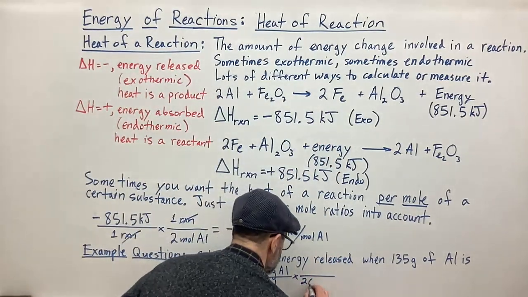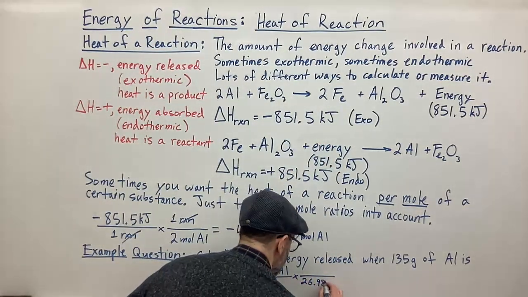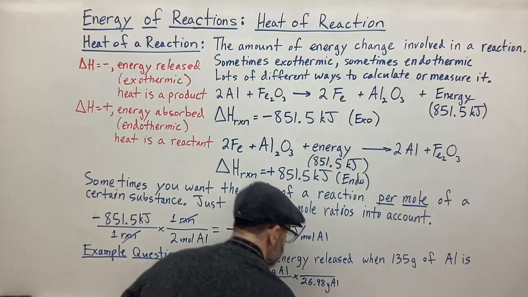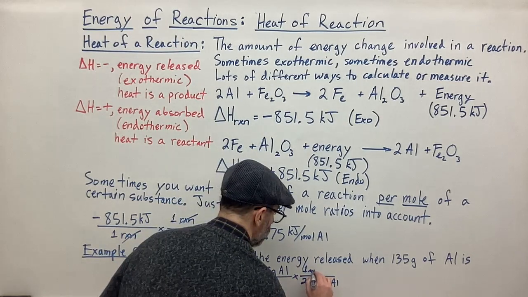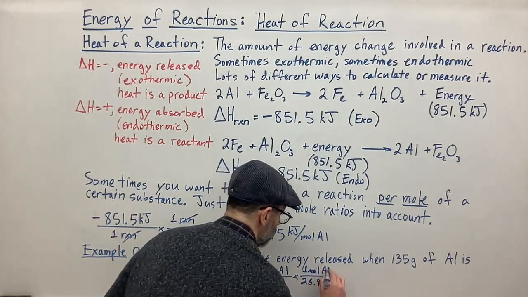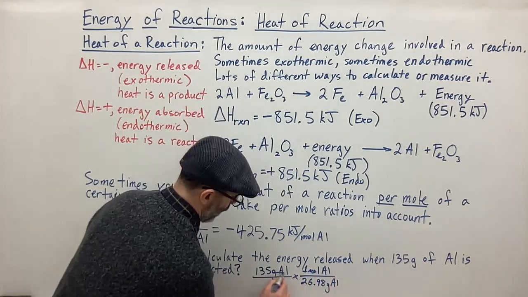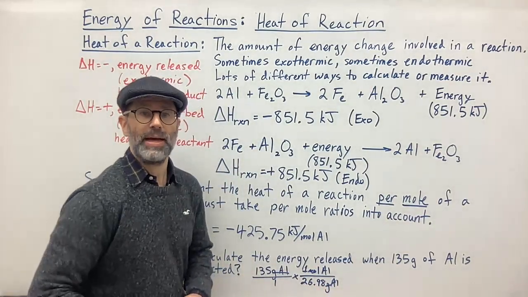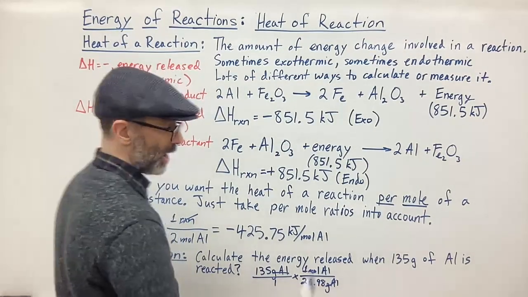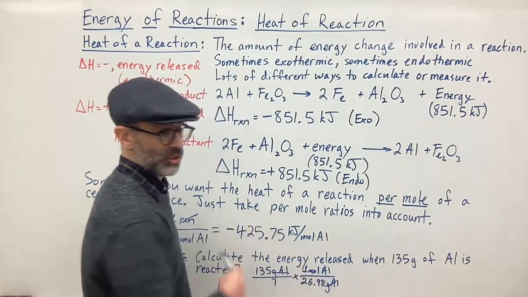So 26.98 grams of aluminum go on the bottom, and 1 mole of aluminum on top. So grams of aluminum cancel out. Now I have moles of aluminum, and so now I can use my mole ratio, right?